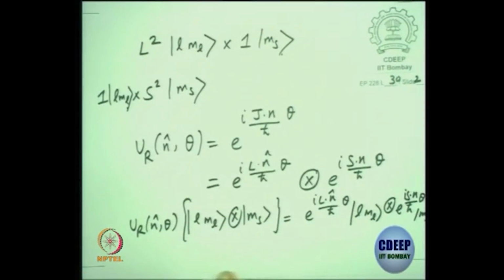Is this clear? So it separates, it operates on this. The L operator should be treated like an identity operator on the M_S state, and S operator should be treated like an identity operator on the L state.